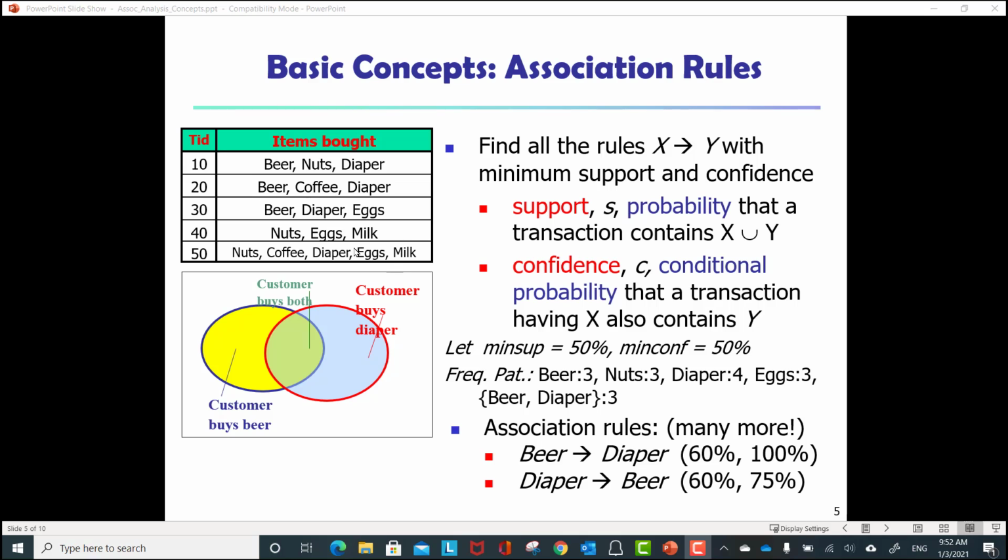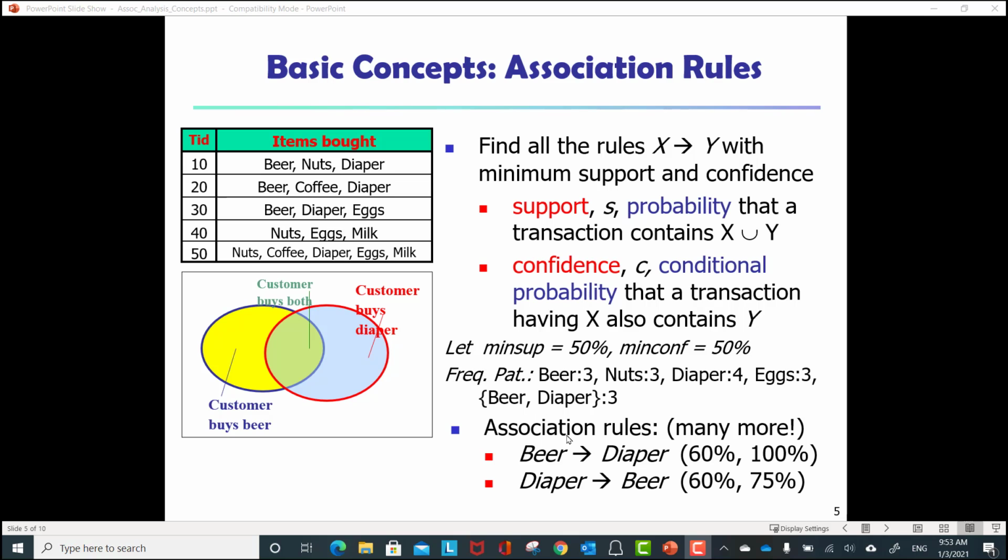Okay, so for the time being, let's say we found these are frequent item sets: the beer, nuts, diaper, eggs, and the beer and diaper. Once you found the frequent item sets, from those we should be able to find interesting association rules.